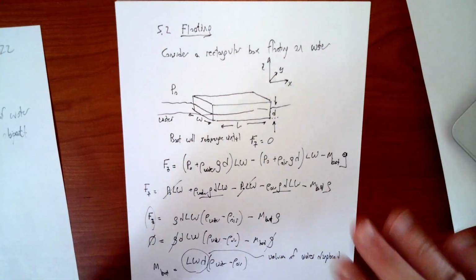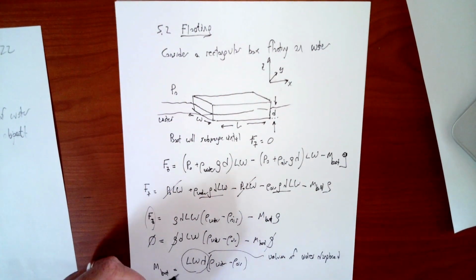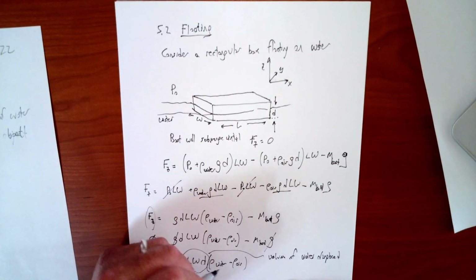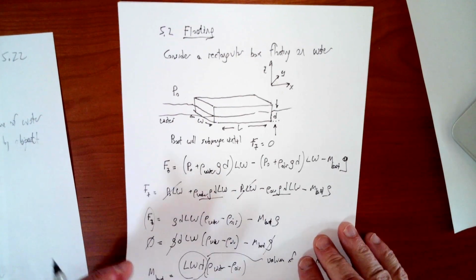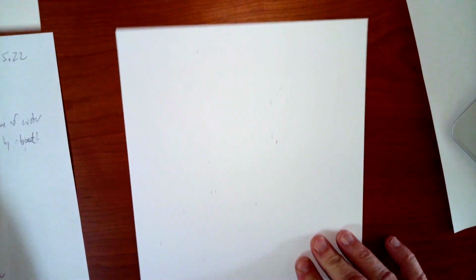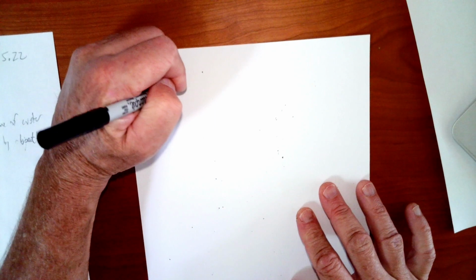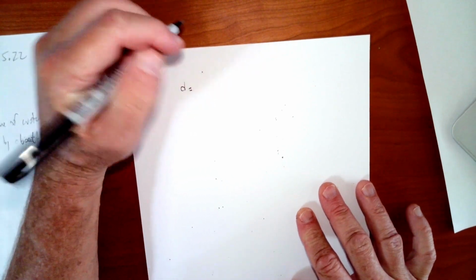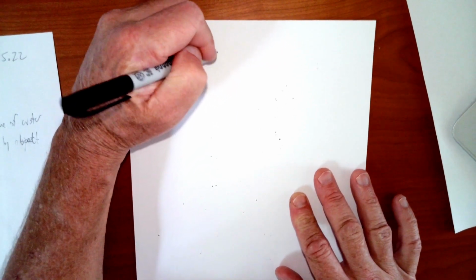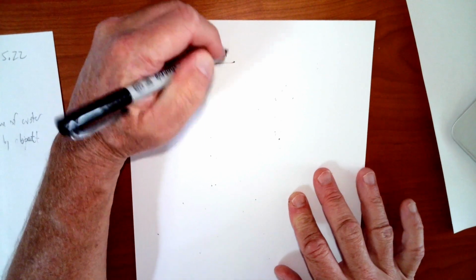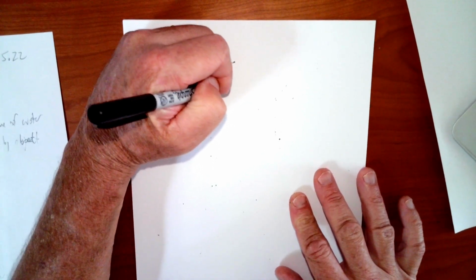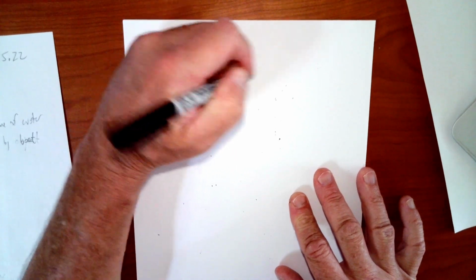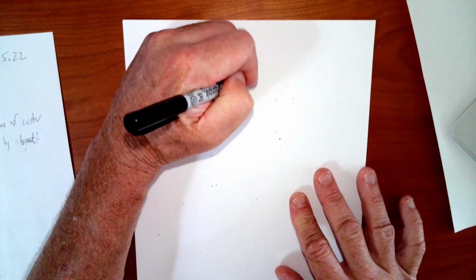So that's the total amount of water pushed out of the way by the boat. So that total volume of water displaced times the difference in densities gives me the mass that is supported in a floating situation. Finally, I can rewrite all of that for D. So I have D equals the mass of the boat divided by rho water minus rho air times L and W. So that's pretty simple.